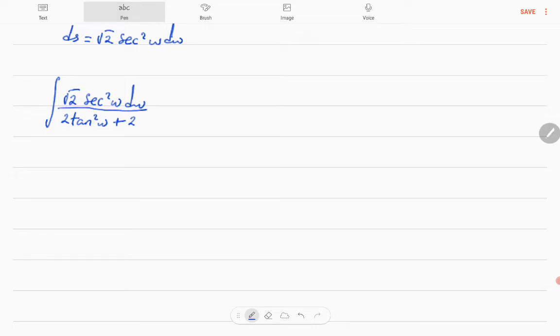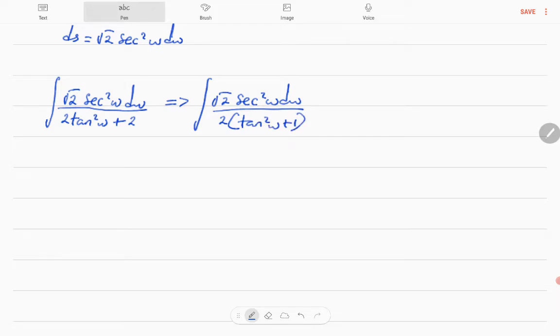Of course, we have 2 here. We can just factorize 2 out. So we'll have root 2 sec square w dw divided by 2 into tan square w plus 1.